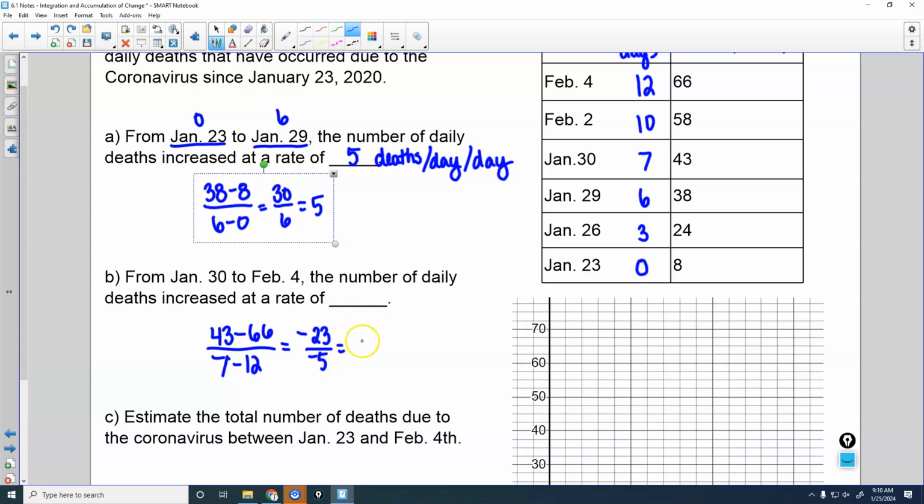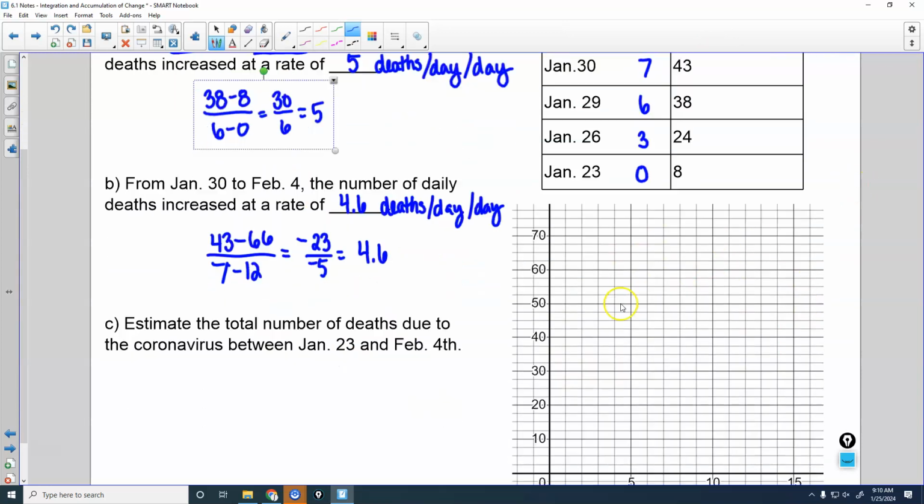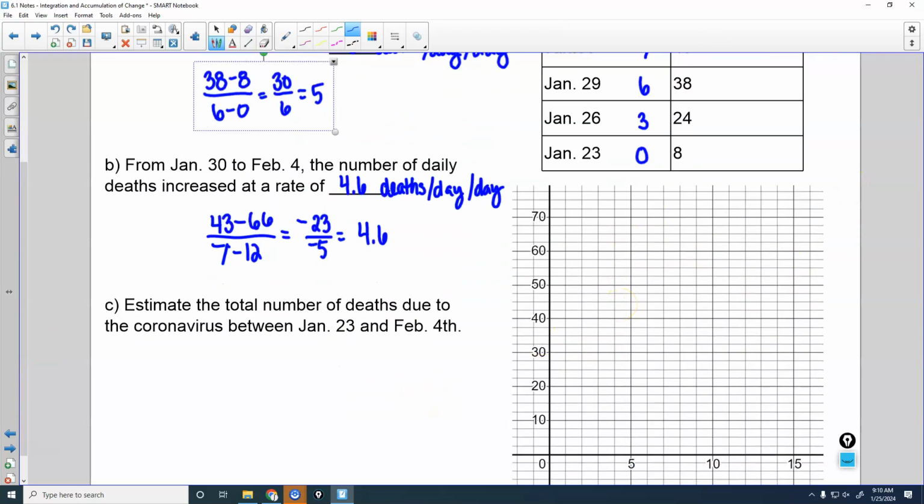And we get 4.6. And again, that's deaths per day. Okay? So, at this point, I would say things like, oh, well, it is increasing, but look, our rate of change is not increasing as fast as it was. Or so I thought at the time.